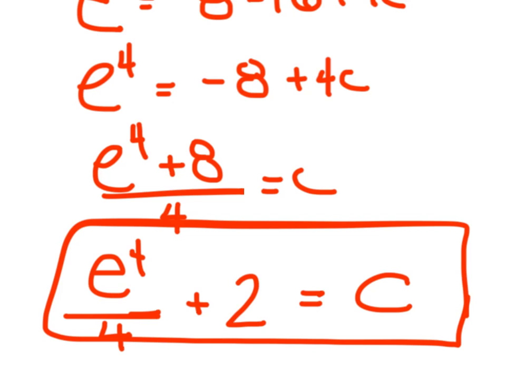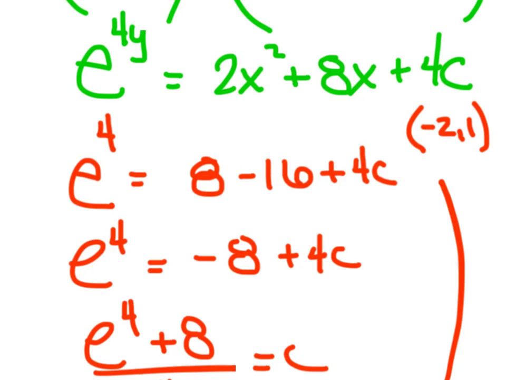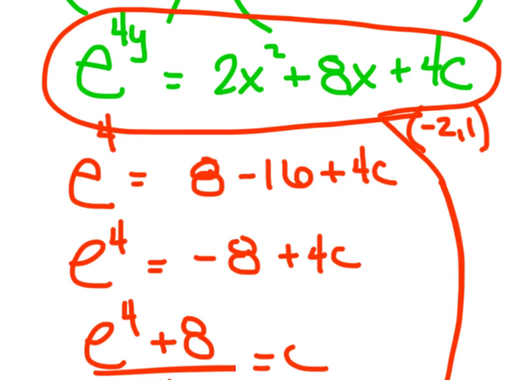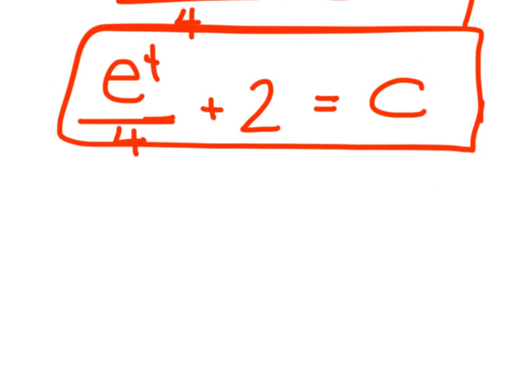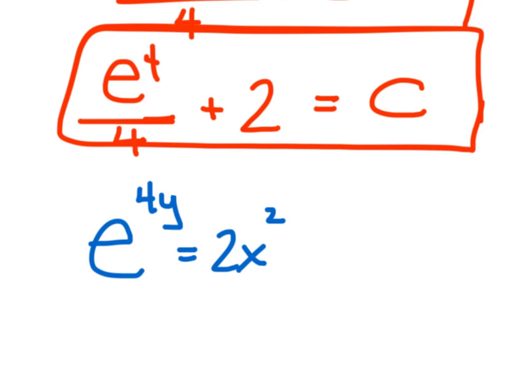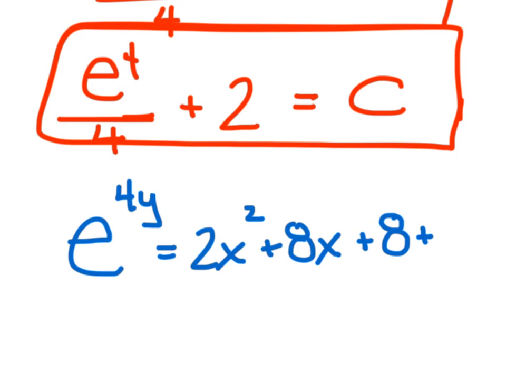Okay. At this point, I need to take that answer and substitute it back into my equation. So I guess I'm going to substitute it into this one here. So I've got e to the 4y equals 2x squared plus 8x plus 4 times my c value, which is e to the 4th over 4 plus 2.